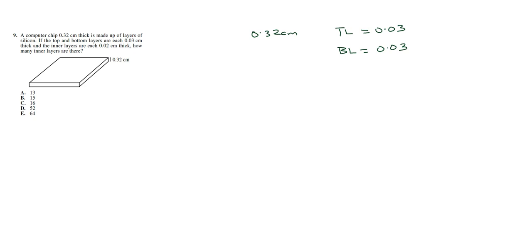So let's do that. The sum of the top layer plus the bottom layer is 0.03 plus 0.03, which is going to be 0.06 centimeters. Now we want to find out how many layers are between. So let's see what's the thickness of the space between the bottom and the top layers.